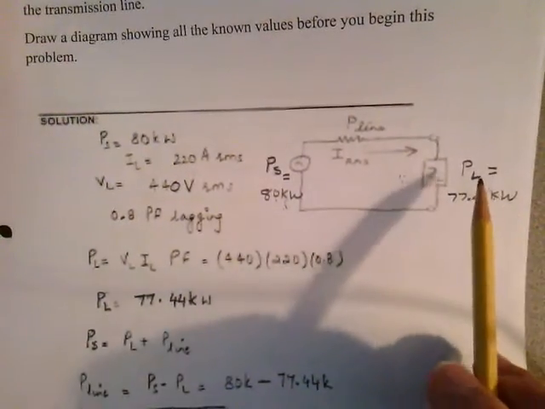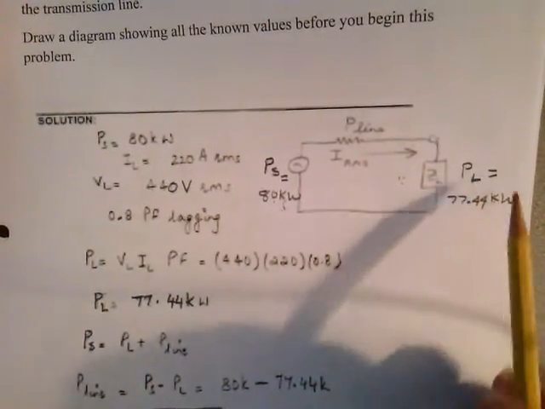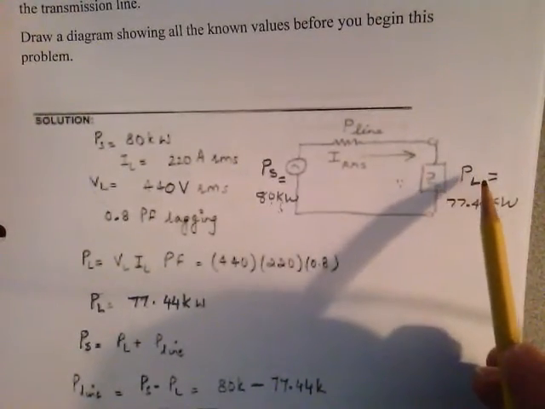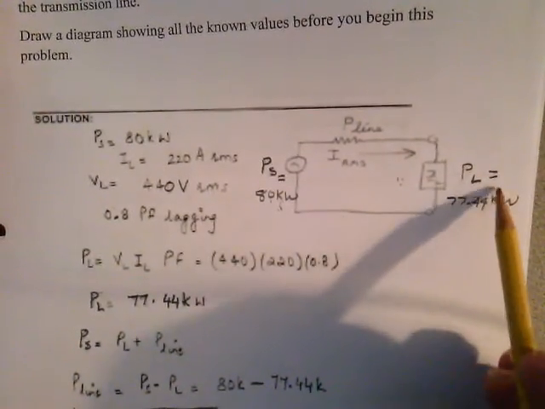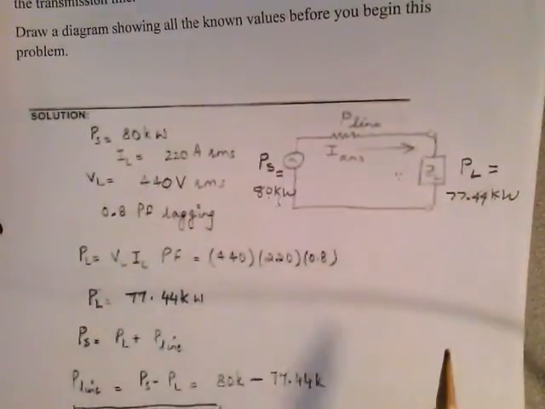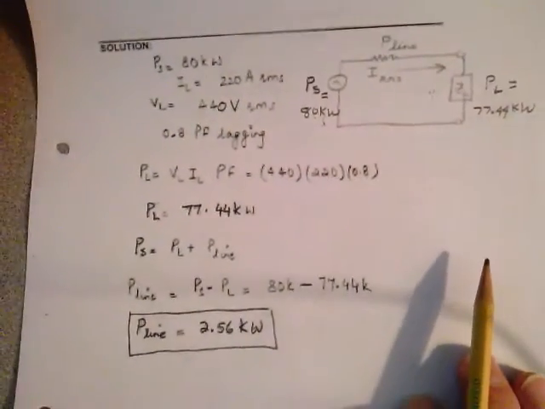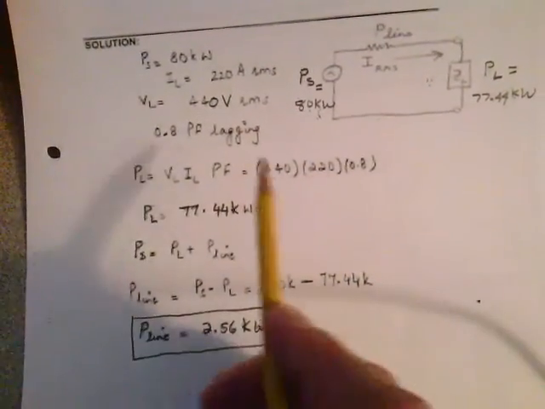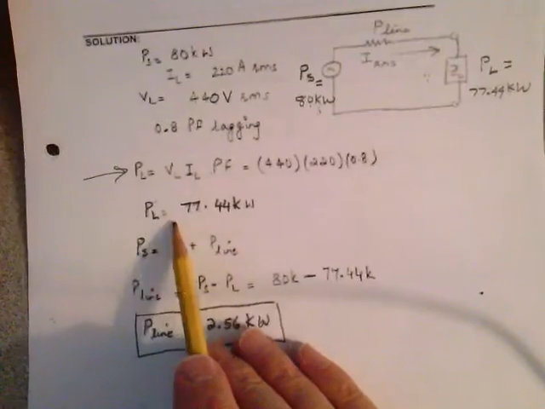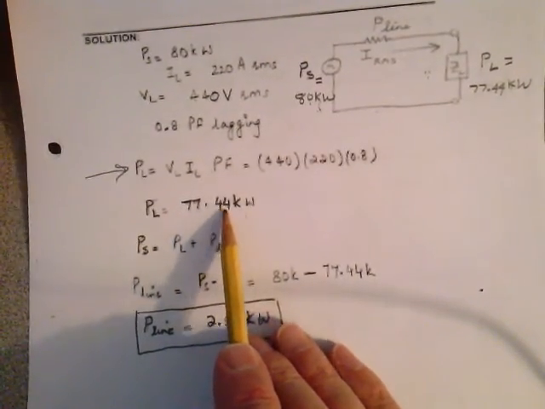I would have surely put the power in the load equals with a question mark. I would have said the load current, the load voltage, and the power factor lagging is all load related here. And then I would have gone right to this equation to start out. I would have found power in the load at 77.44 kilowatts.